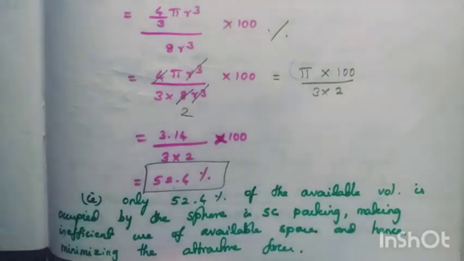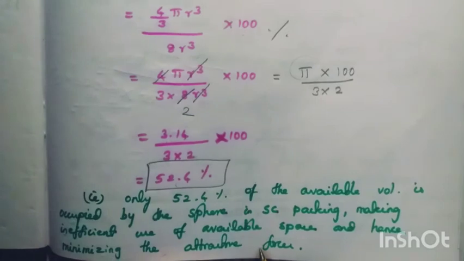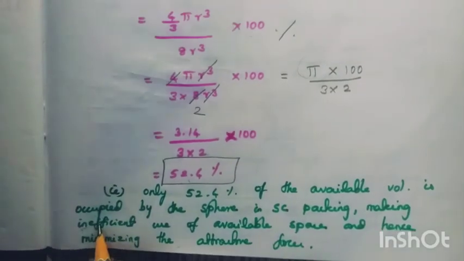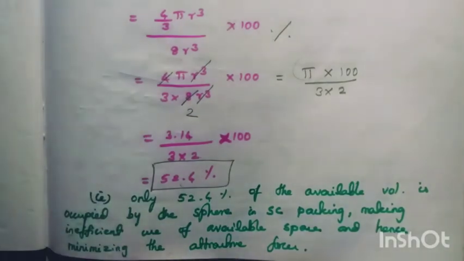It is spread out and occupies only a small amount, so the atoms are not easily attracted to each other. If more atoms are occupied in a cube, they will touch each other and there are attractive forces, but here there is more space and fewer atoms, so there are fewer attractive forces compared to BCC.